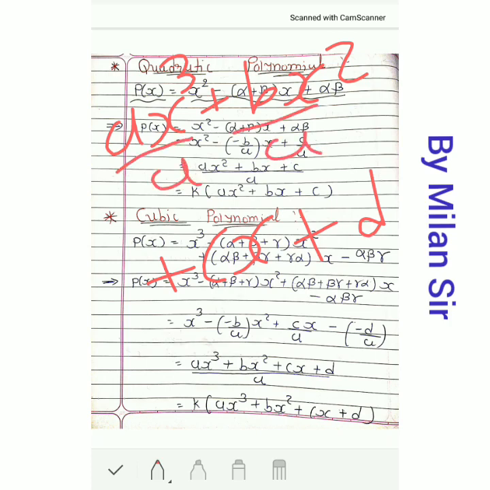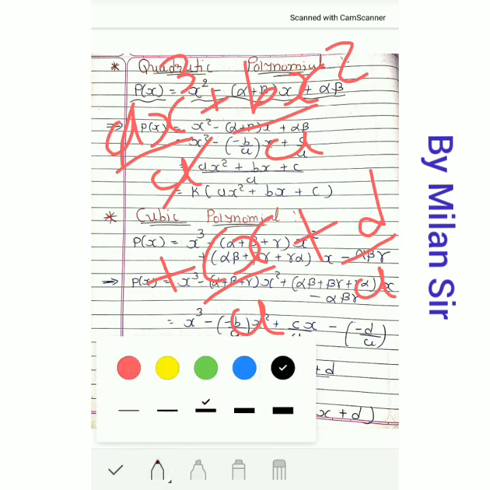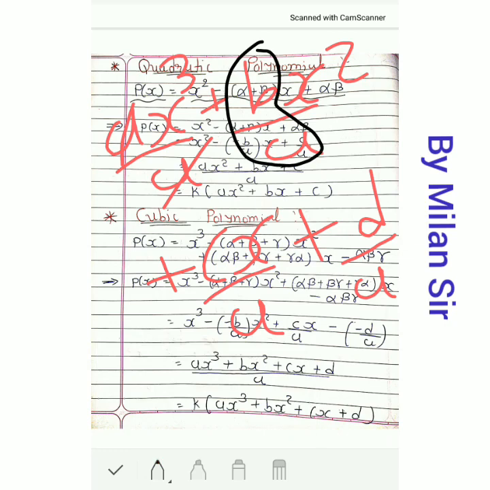because in all the formulas, if we see, in the denominator there is a present. Okay, so a cancels, so x cube, then in place of b by a, but in our formula it is minus b by a, so we just need to write like this, minus and minus b by a, so it becomes plus.